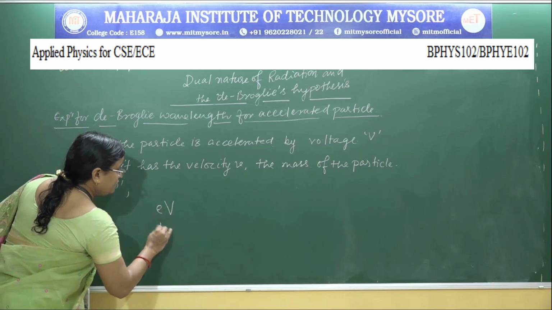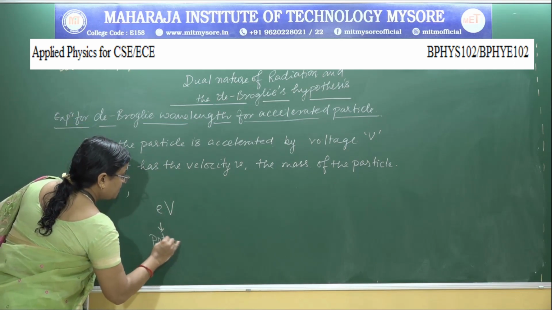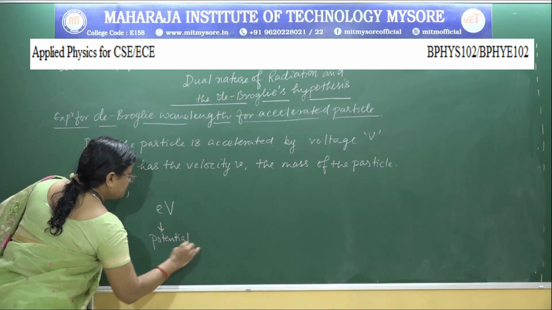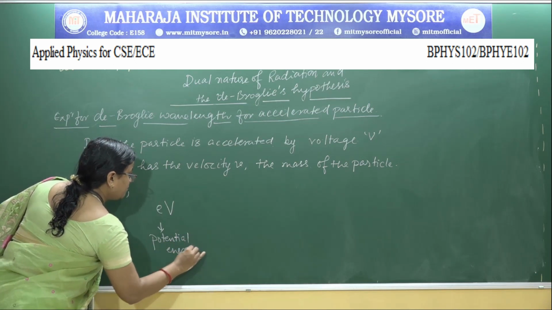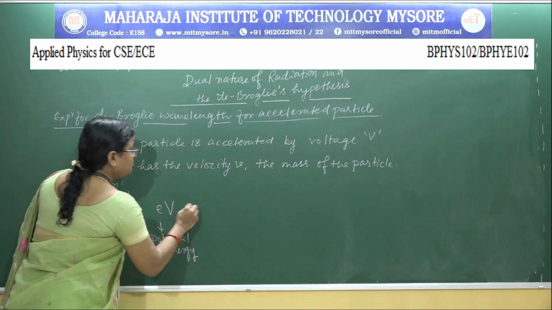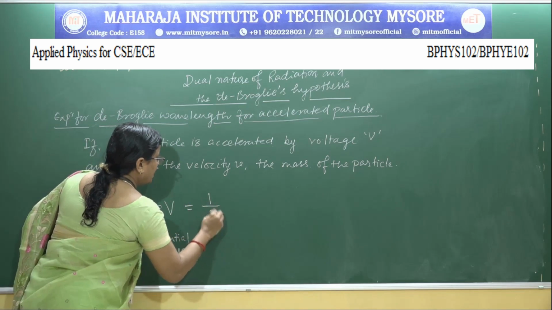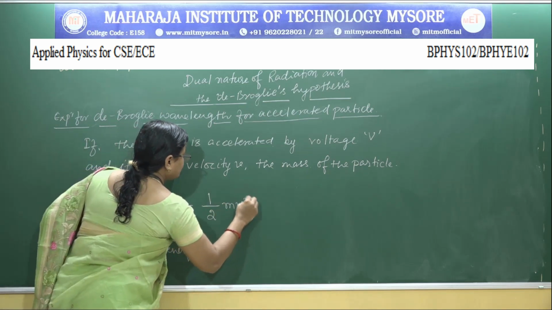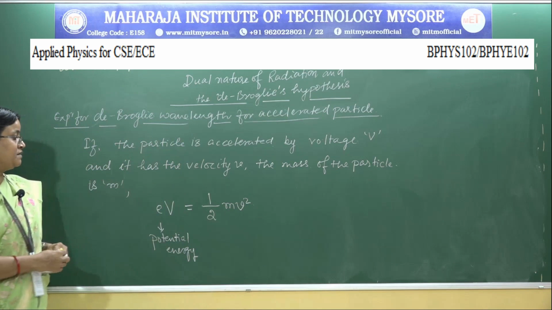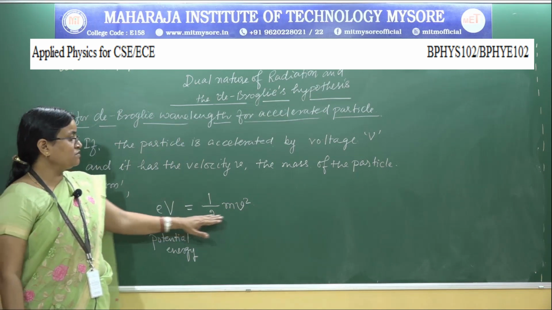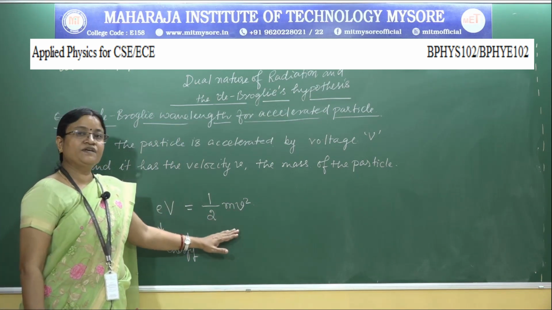This is what we know as the potential energy of a particle, that will be equal to half mv square. eV is equal to half mv square.